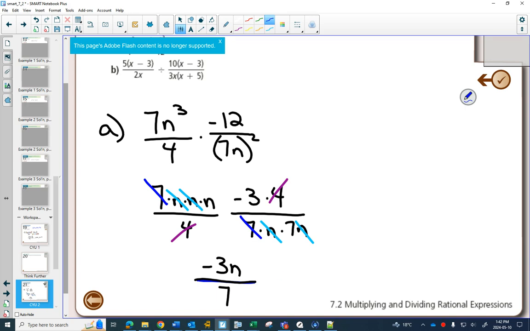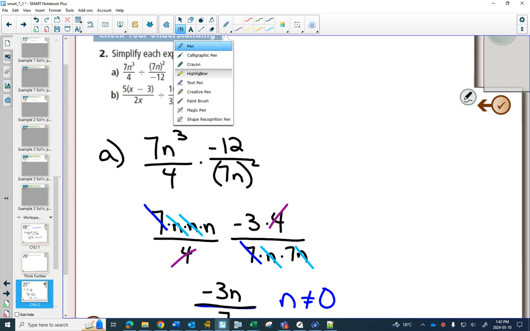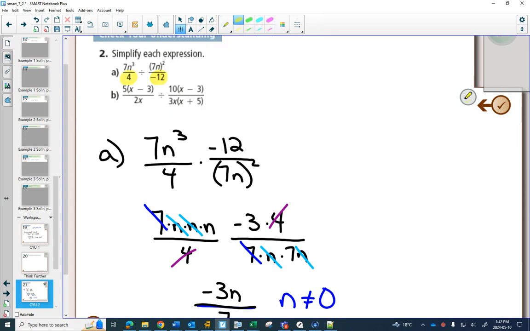And of course, the textbook always likes to write the non-permissible values if you check the bottom. So if we go back to this original equation, dividing is tricky, because you're going to have to check everywhere where you divide. So one of the things that I look at with fractions here, I have a denominator there, I have a denominator there, but then I have another denominator here when I change it to multiplying by the reciprocal.